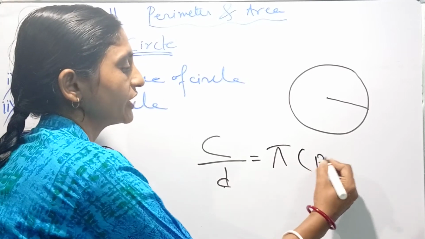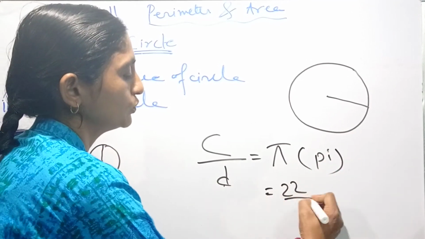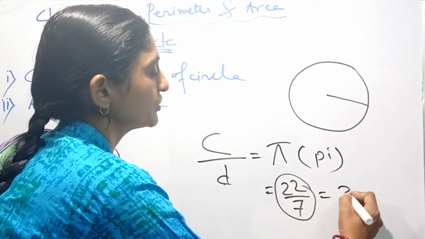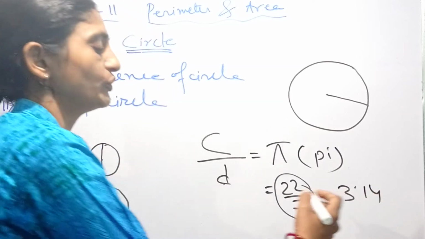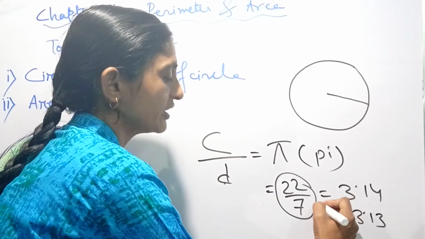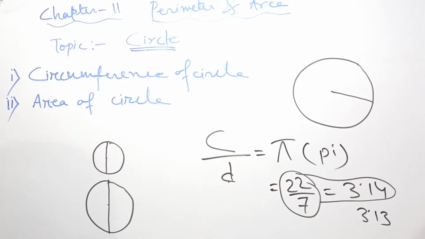It is pronounced as pi. Its numerical value, if you present that ratio, is 22/7, or in decimal you will get 3.14, or sometimes 3.13, but generally we will consider these two, 22/7 or 3.14.